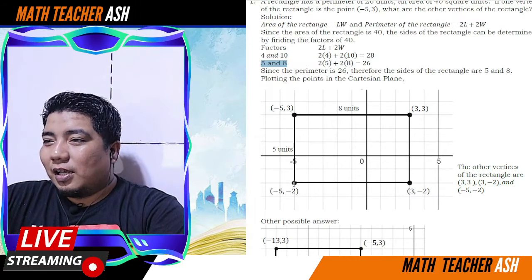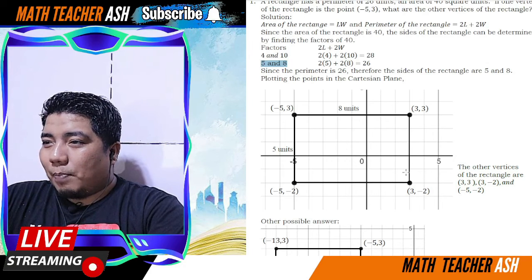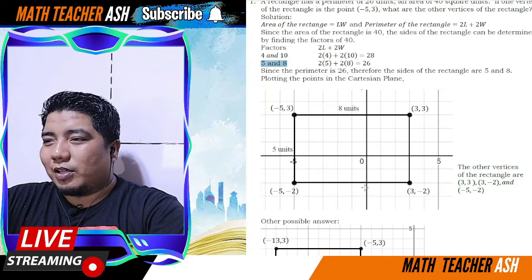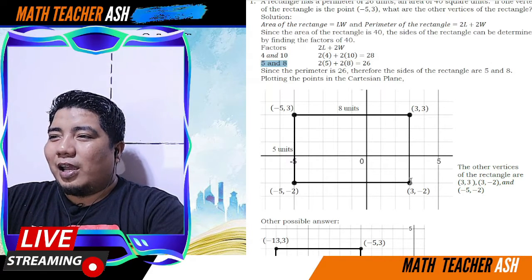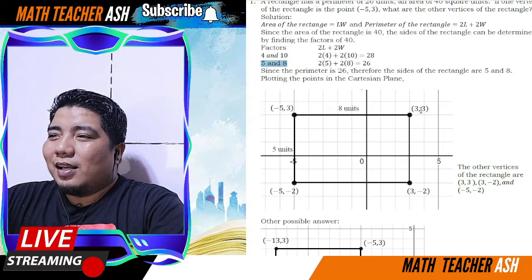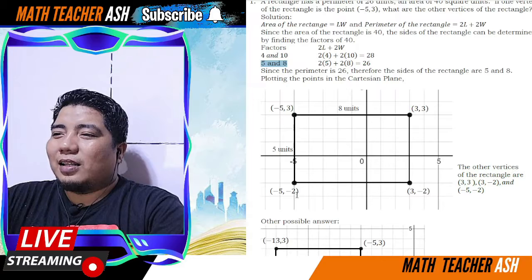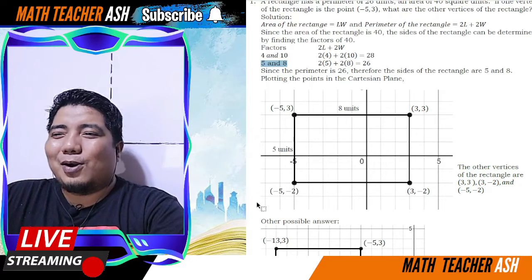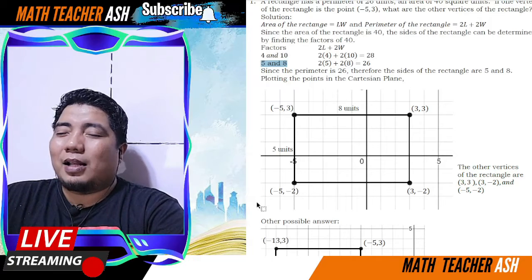Of course, you make another 1 para tumama or maging perpendicular dito kay second dot at saka kay third dot. Okay, so that is here. And ngayon, papangalanan mo na ang coordinates. And that is in 3, 3, 3, negative 2, and negative 5, negative 2. Okay, so napakadali lang, my dear math learners.